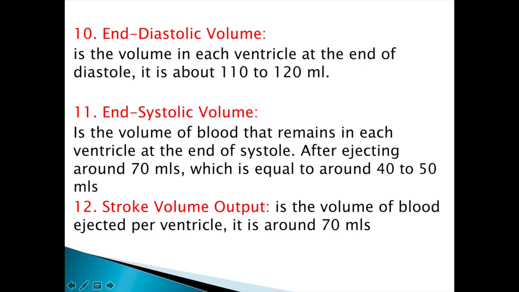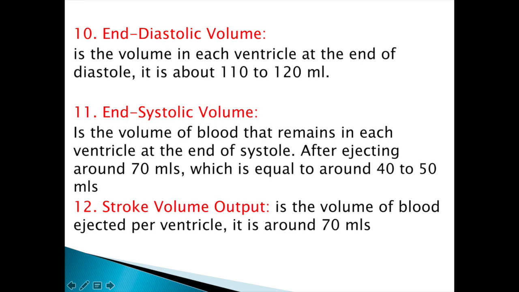This means when the heart is fully filled with blood, how much blood occupies the heart. This is 110 to 120 ml. This can vary in some pathological conditions or in exercise. It could be 70 ml if the heart is pumping fast, or it could be 130, 140, even 180 milliliters in some conditions.